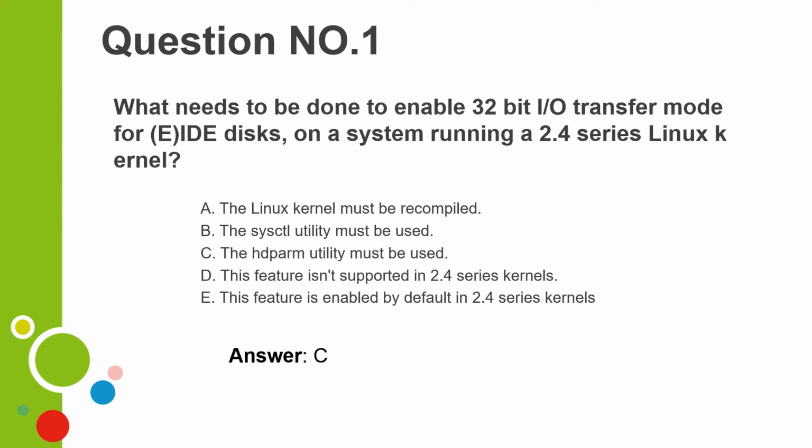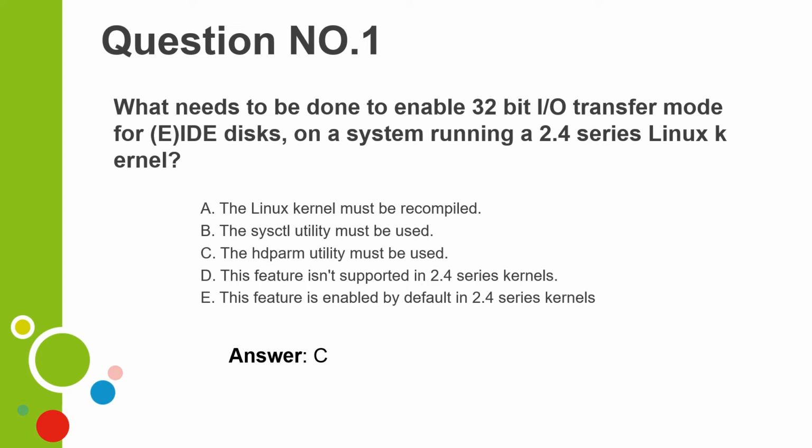Question number 1. What needs to be done to enable 32-bit I/O transfer mode for IDE disks on a system running a 2.4 series Linux kernel? A. The Linux kernel must be recompiled. B. The sysctl utility must be used.